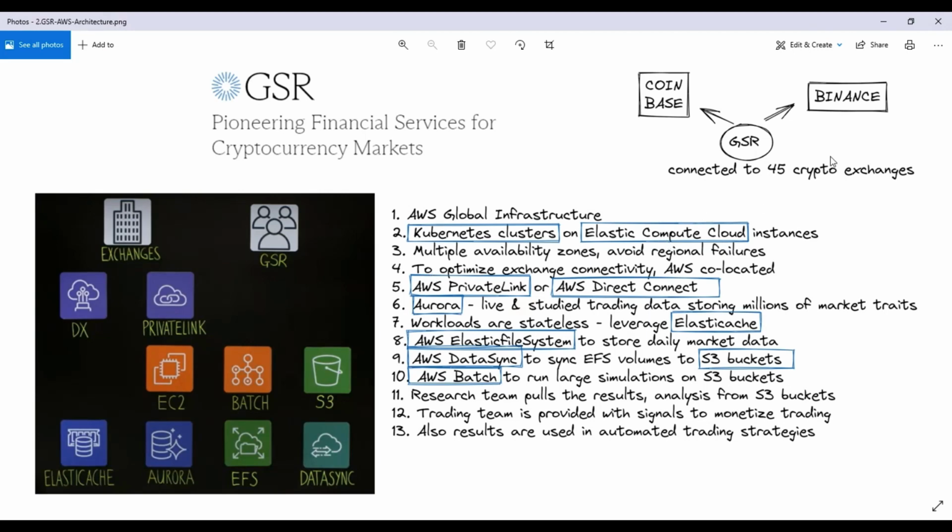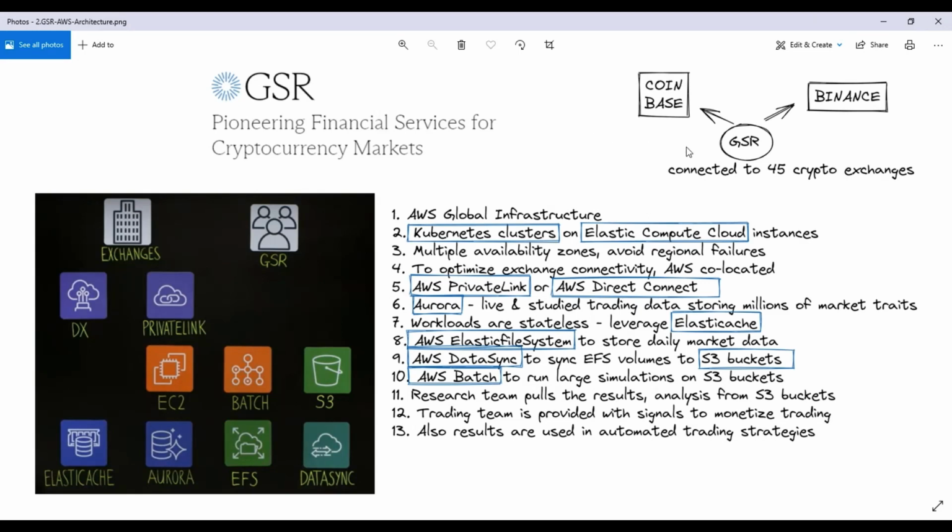Now, in order to connect with these cryptocurrency exchanges, there are two services used by GSR. One is AWS PrivateLink and the other is AWS Direct Connect. PrivateLink comes into play, let's say, when a cryptocurrency exchange is also using AWS infrastructure.